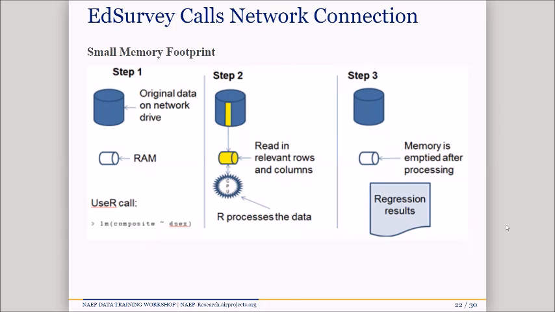To get a little bit more into minimizing the memory footprint, I just want to say when you make a call like that regression, the data is actually stored on the disk at all times, except the metadata, and the data is read in from the disk. Whatever happens, the regression is run, and then the results of the regression are stored, and all the data is cleared out of the memory. Emmanuel represented this as a very thoughtful process.